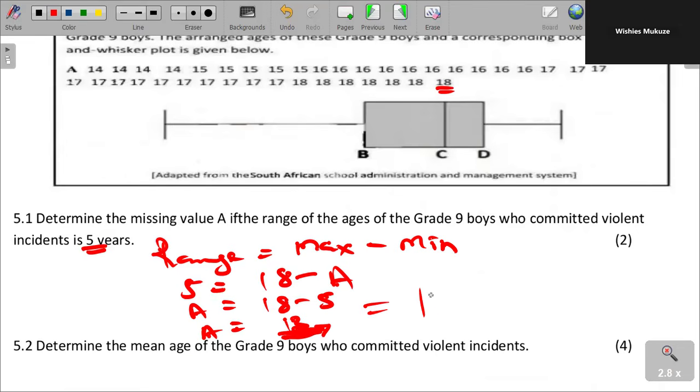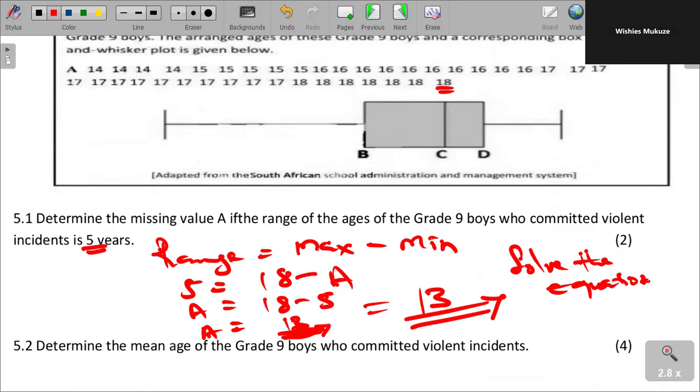A is equal to 13. It's a matter of solving an equation, in this case the equation that we have created. That is what must be understood here.